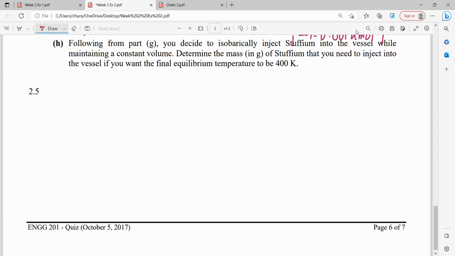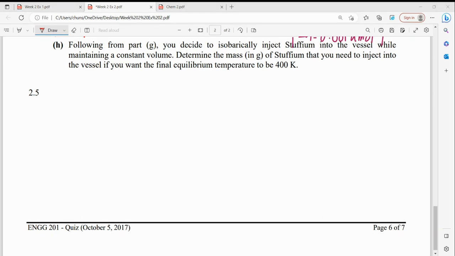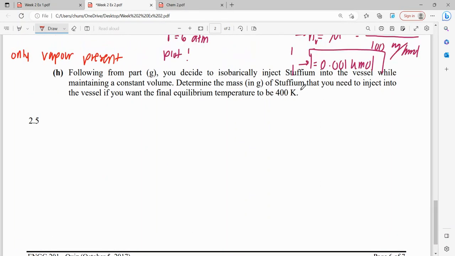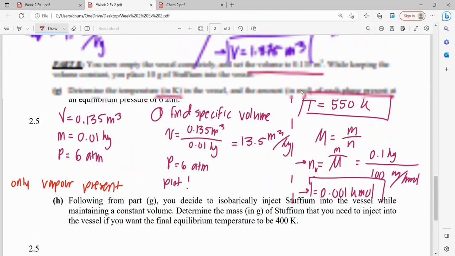Okay, and last step, you decide to isobarically inject stuffium into the vessel while maintaining a constant volume. So determine the mass that you'd need to inject if you want the final equilibrium temperature to be 400 K. So the first thing that I would do is just see what we have.